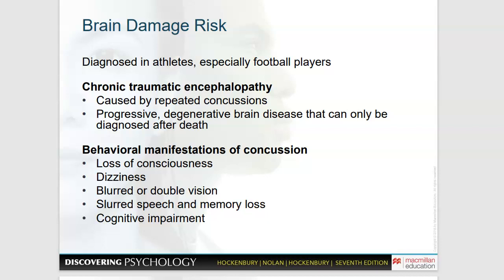The first term I want you to be familiar with is going to be PET, which is positron emission tomography. You've probably heard of it titled as a PET scan. This is a tool that is used to provide a color-coded image of the brain activity.